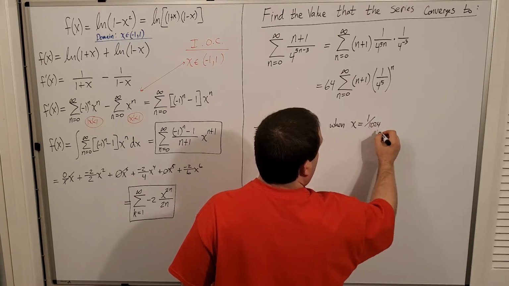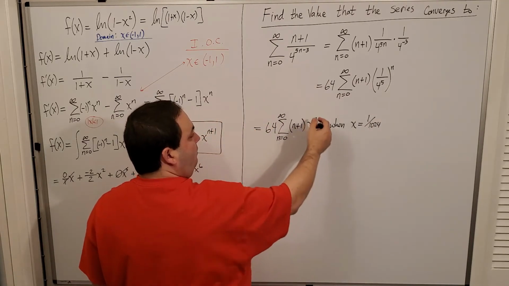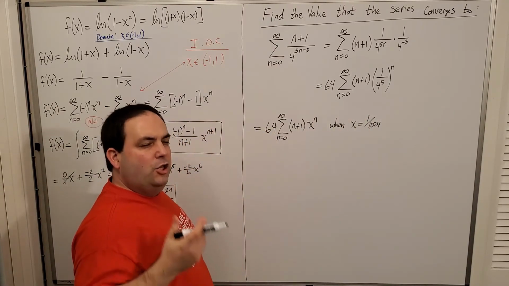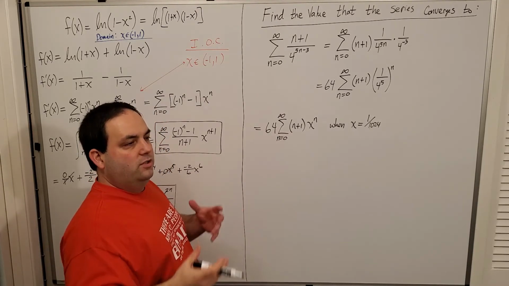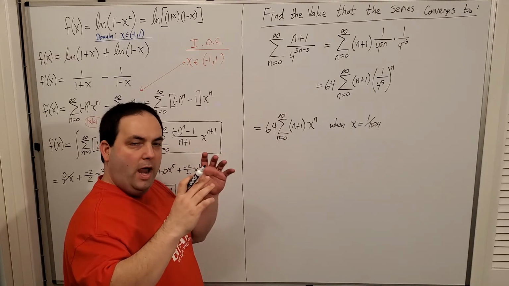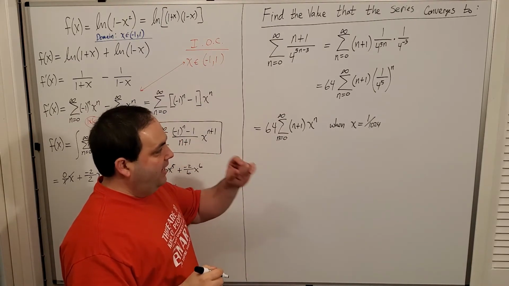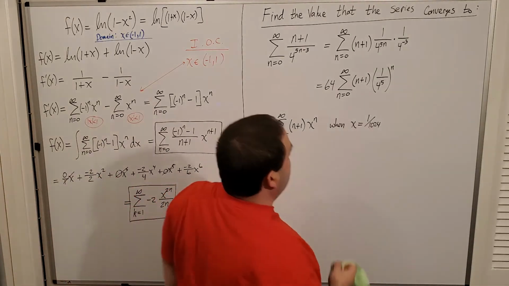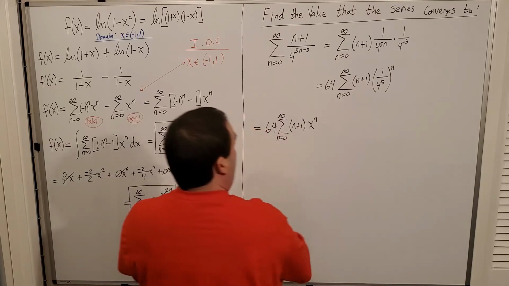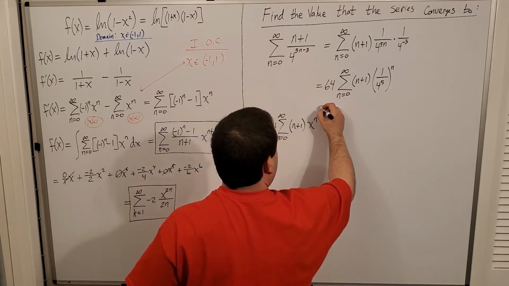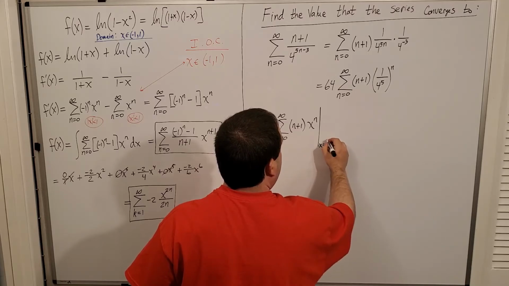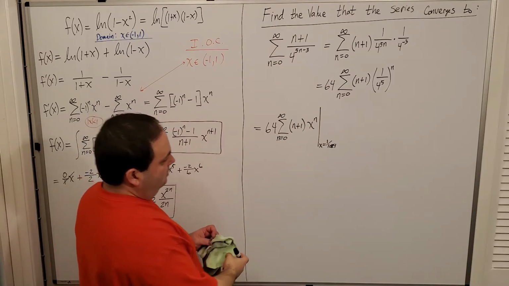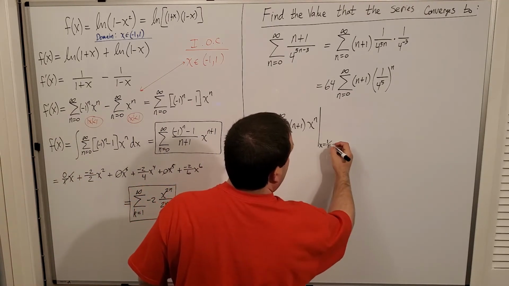1 over 1024. I'm writing the words right here so that you'll get used to seeing what I'm doing. But if you remember some of the terminology from integrals and derivatives, we have those ways of writing brackets or straight bars that have a value that's supposed to be plugged in. So instead of writing out when x is this, what I'll say is that it's this evaluated when x is equal to 1 over 1024.